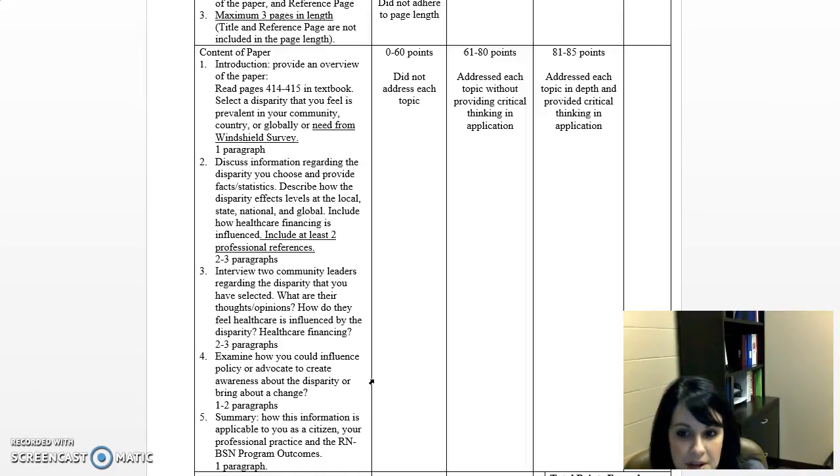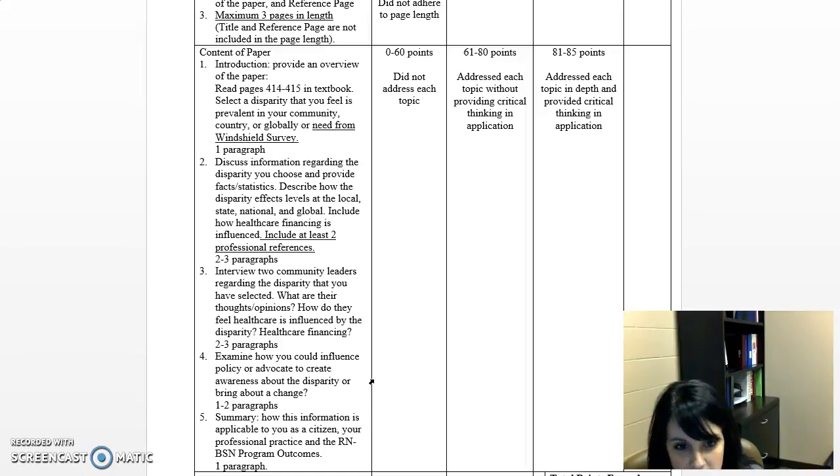Could you maybe create a website that has jobs available, or maybe training for people that don't have a skill? So there's just all kinds of things. Be creative. Don't think about money per se. Whatever you think you could do to bring about that change. And again, you're going to build upon that in your next paper, your health promotion paper, the last one for this, or the bigger one for this semester.